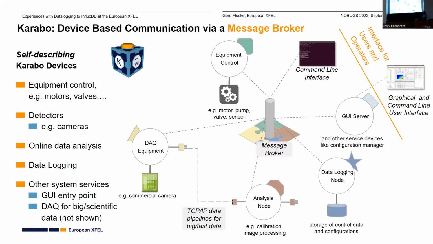There are other system services, like the GUI server for the graphical user interface, or data acquisition for big scientific data. As you see here, there's also data flowing not by the broker, but through direct TCP/IP pipelines for camera data or big ADC data, which is not the topic of this talk. We are talking about data logging for slow control, the data that goes by our broker.